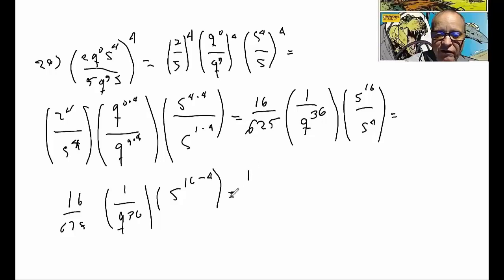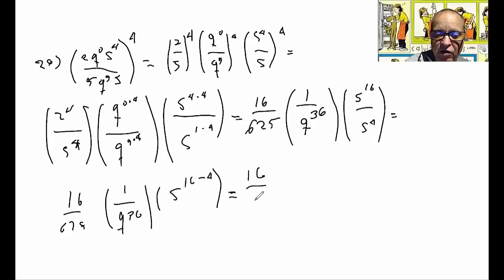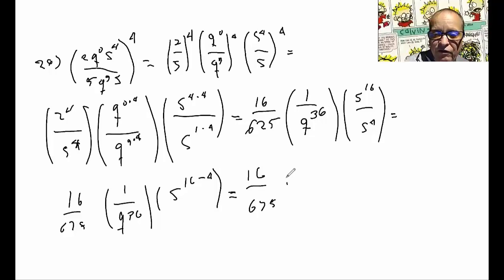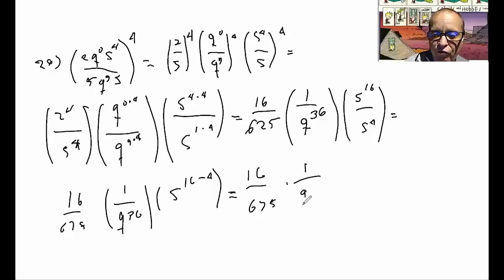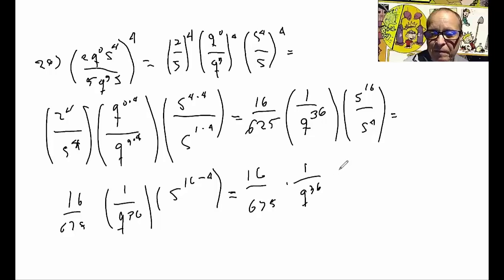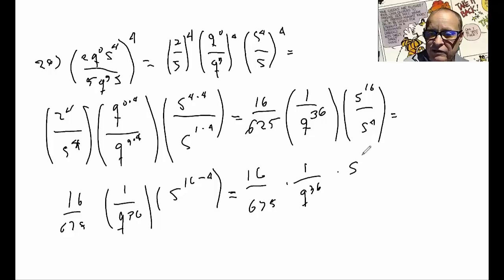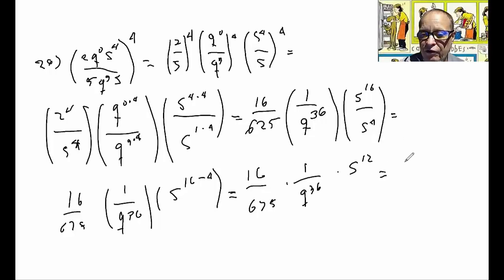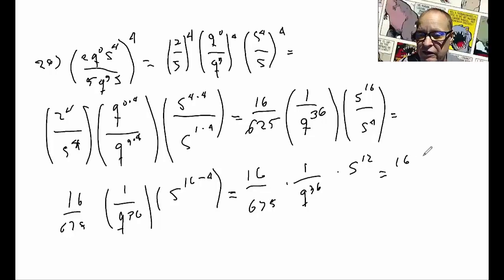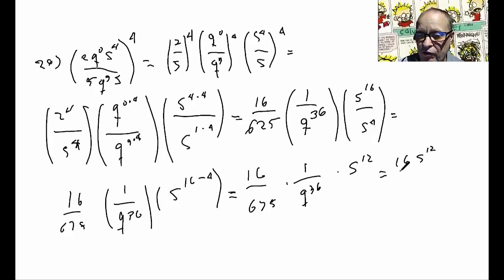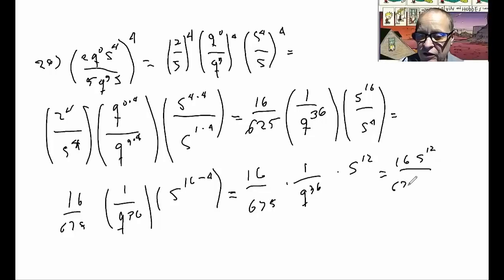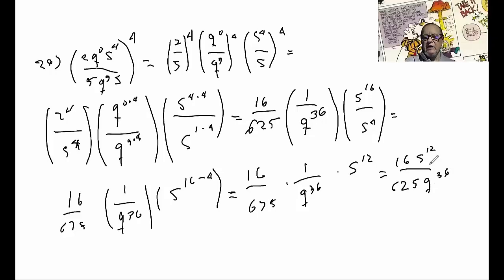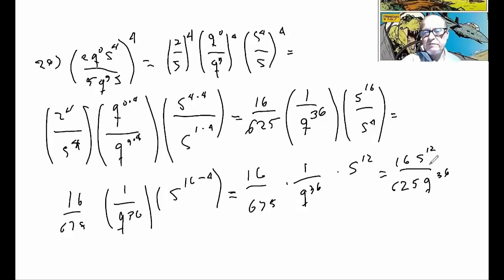So finally, in the end, I'll get 16 over 625 times 1 over q to the 36, and then times s to the 12th, and then I can rewrite it all together, 16s to the 12th all over 625 q to the 36, and then I am done.